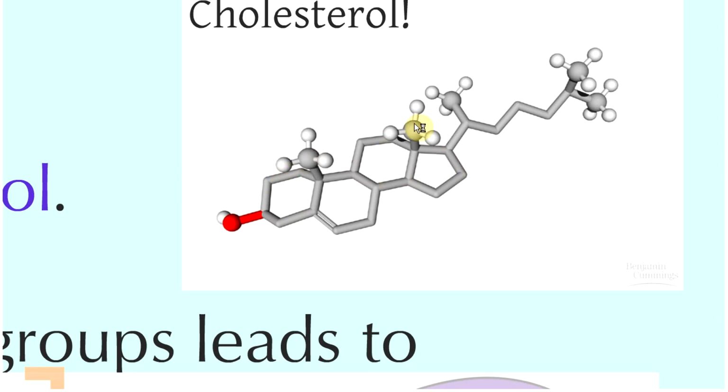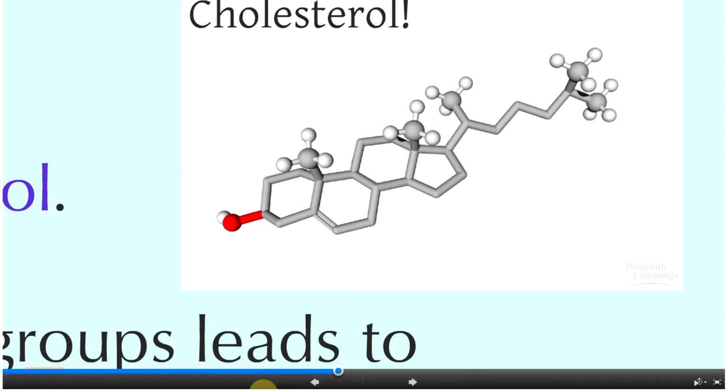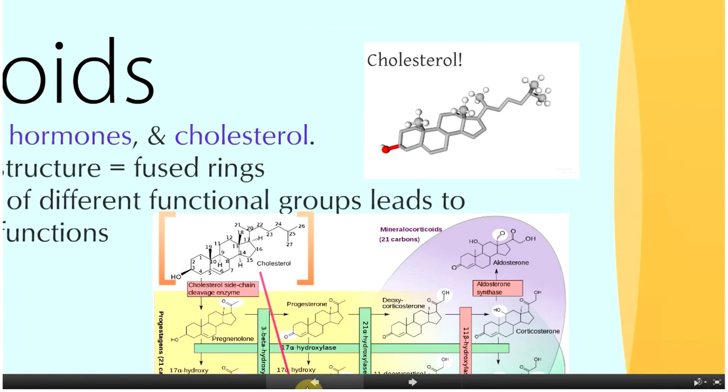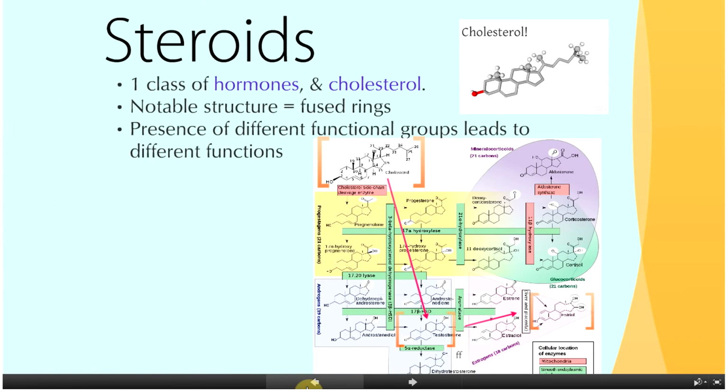So we've got 4 rings, and then we'll have different functional groups like hydroxyl groups, carbonyl groups, hanging off of that basic 4-ring molecule. The different functional groups give us the different types of steroids, and in fact, 2 of our steroids, testosterone and estrogen, differ only in a couple functional groups that hang off of that 4-ring molecule.